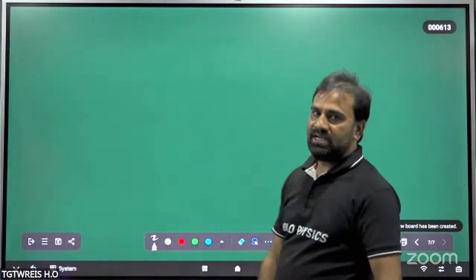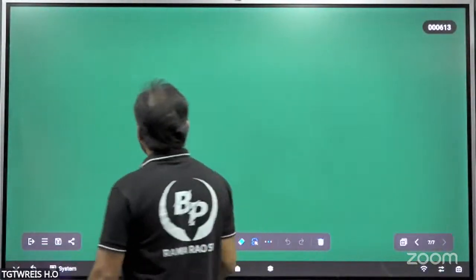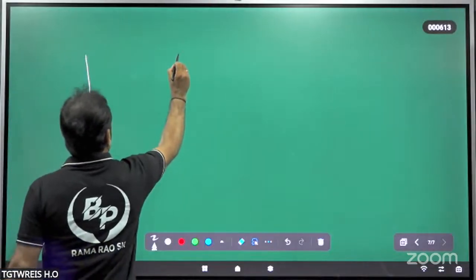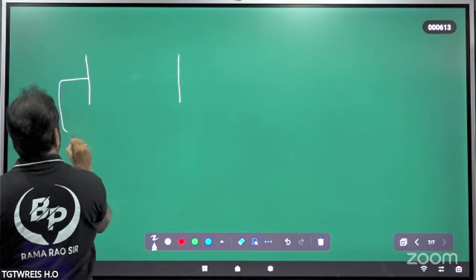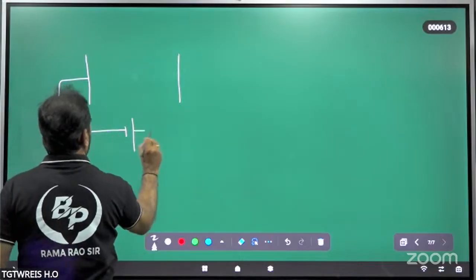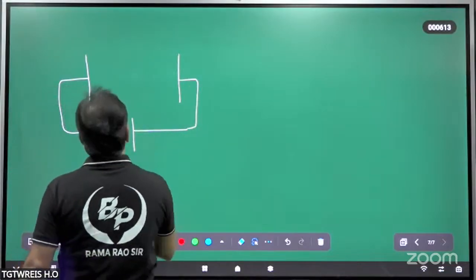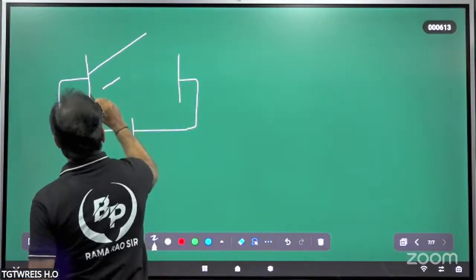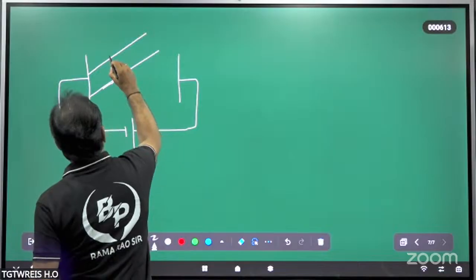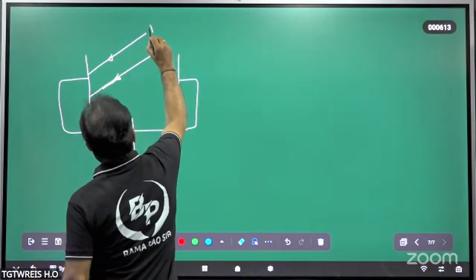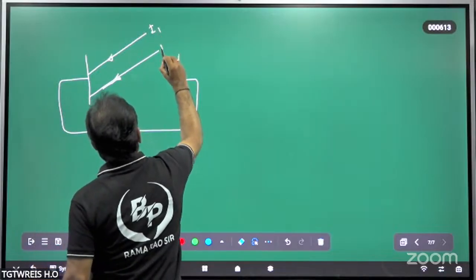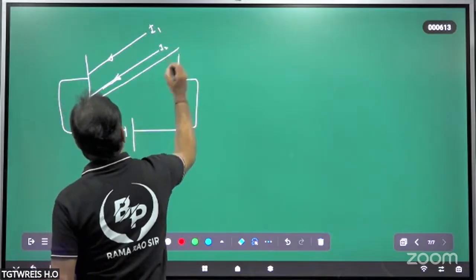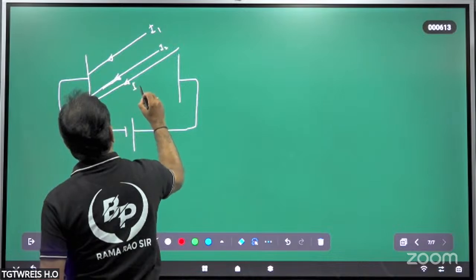Here, see in the above case what I am doing. The intensity of the light is gradually increased. Here this is the cathode and anode, connected like this. Higher intensities of light: this light has intensity I1, this light has intensity I2, and this light has intensity I3.